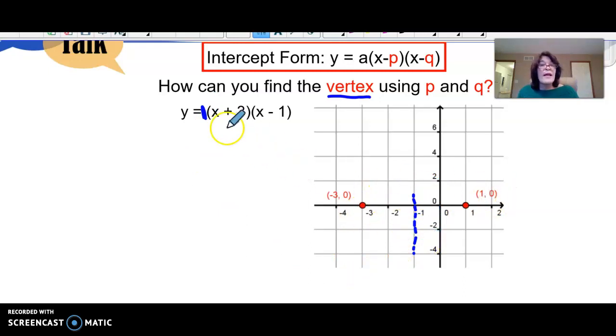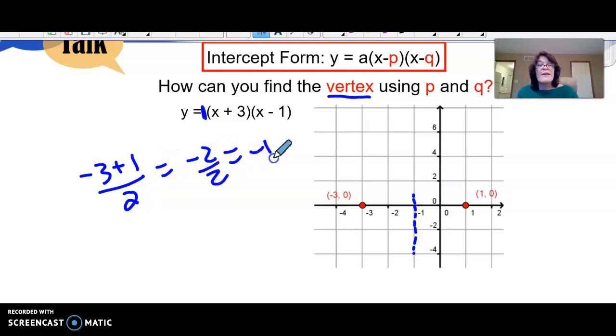So I know it's -1 something. The other way we could get that is to just add the x coordinates together and divide by 2. That gives you the x coordinate if you can't eyeball it and see it. You take your x-intercepts, add them together, and divide by 2. Now I know my vertex is at -1 something. -1 what?